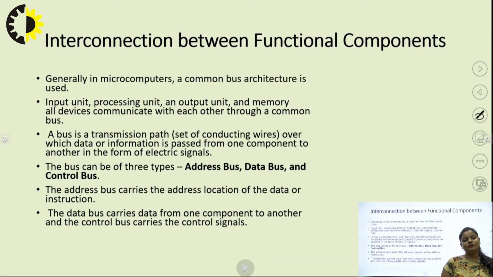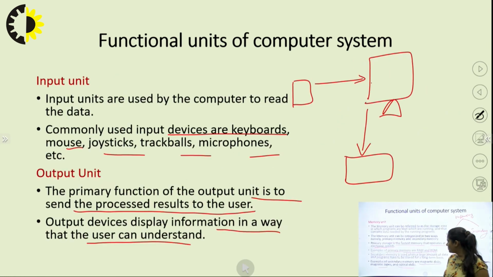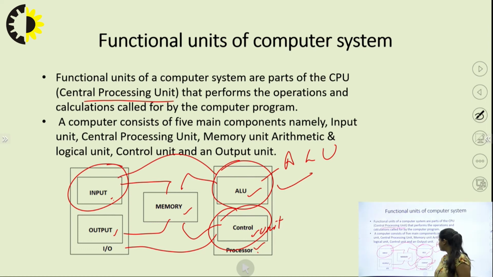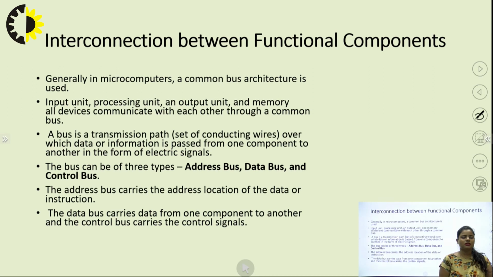Now we have to study the interconnection between functional components. These are the functional components you have seen. Now we are moving towards how they are interconnected with each other, and how these tasks are performed. So for the interconnection between functional components, we start with microcomputers.